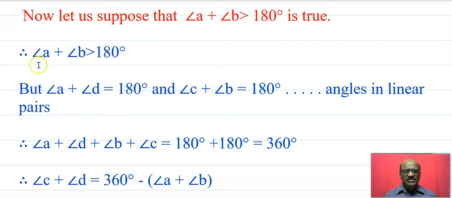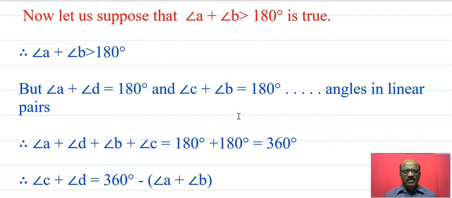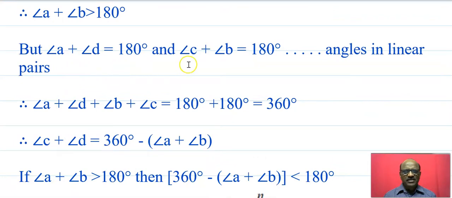In this case, the measure of angle A plus B is greater than 180, but angle A plus angle D is 180 and angle C plus B is 180. See this: angle A plus D is 180 because they are a linear pair, and angle B plus C is 180, again a linear pair. If we add these two, A plus D plus C plus B, we get 180 plus 180, which equals 360.